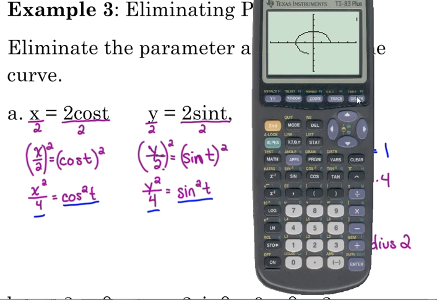Okay, and you can see now, it doesn't look like a circle right here. It looks like an ellipse. The reason for that is because your calculator screen is wider than it is tall. So if you do zoom square, it will fix that X dimension so that it's proportional to the Y dimension.